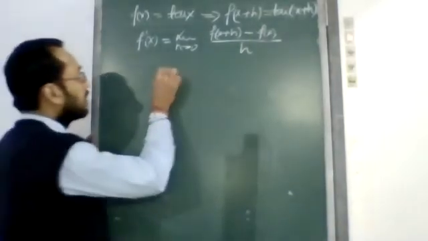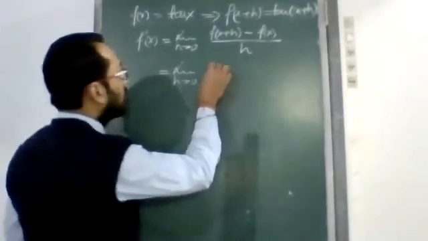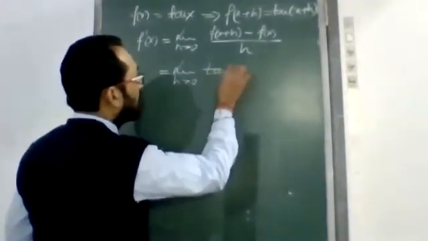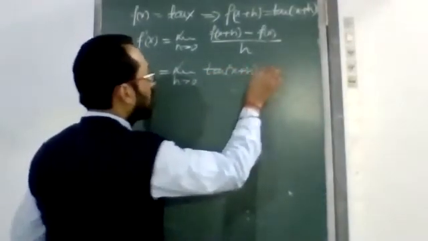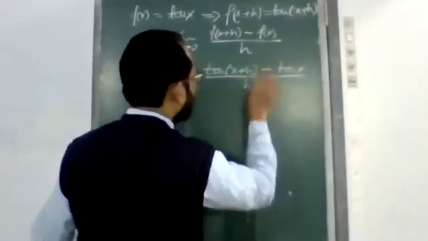That gives me limit of h tends to 0, tan(x plus h) minus tan x, whole upon h.